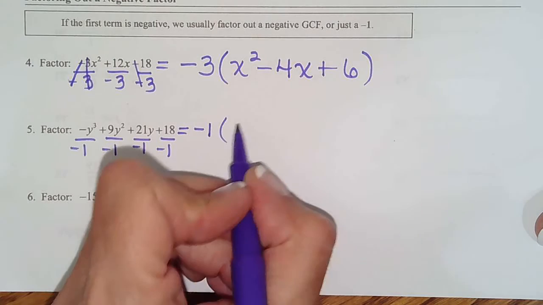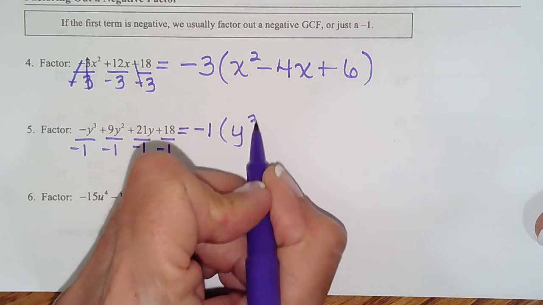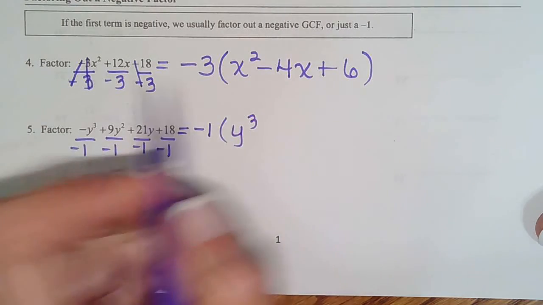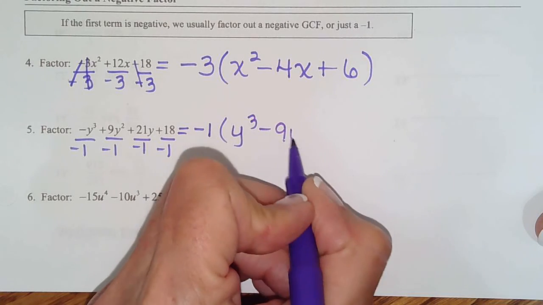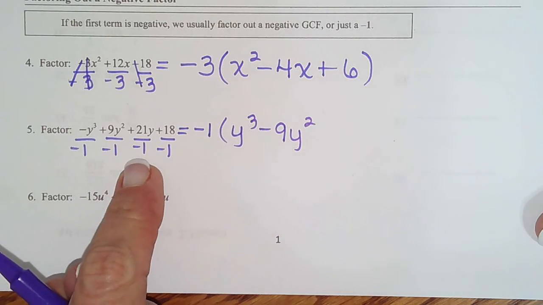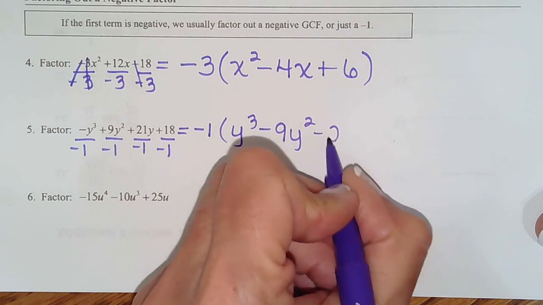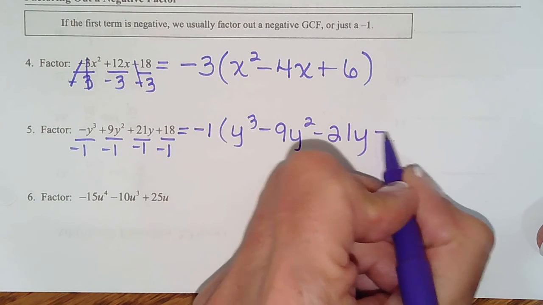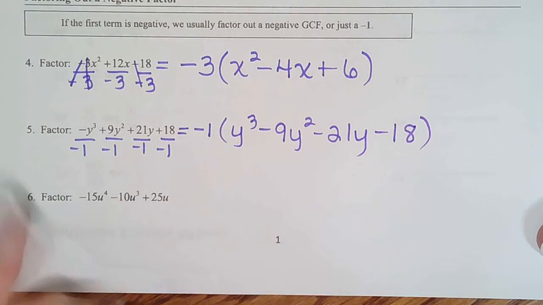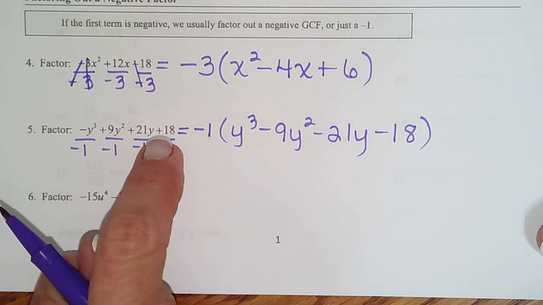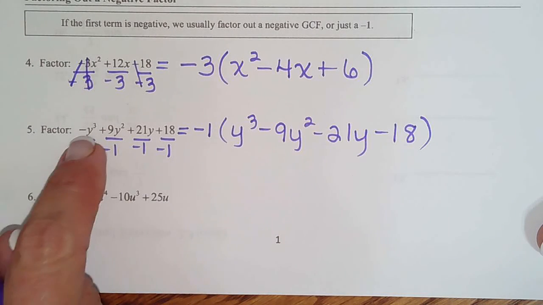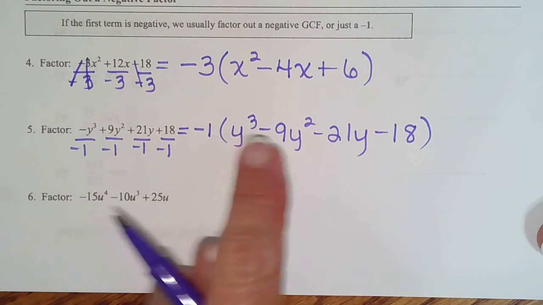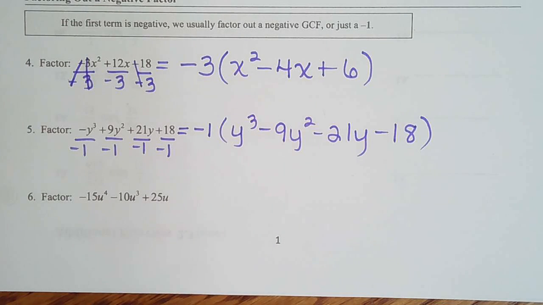So that leaves me with positive y cubed, negative 9y squared, negative 21y, and negative 18. So if there's no number common or no variable, we always have 1, but we're picking -1 so we can get rid of that negative in front.